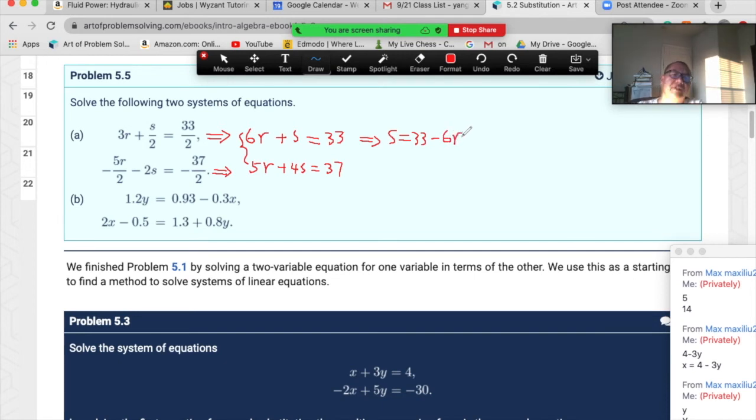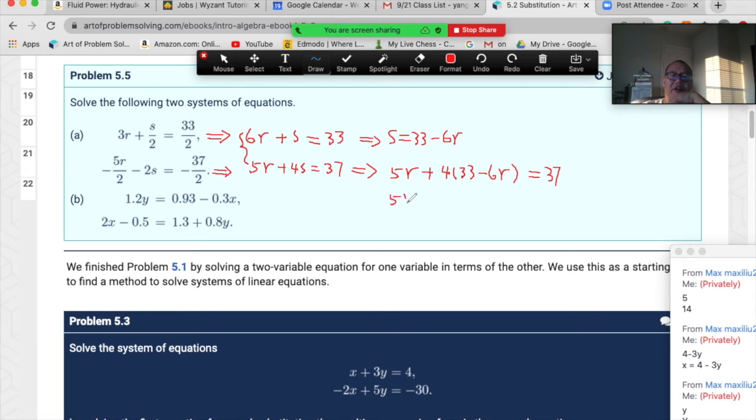This will be the easiest way to use the substitution. Then you get s equals 33 minus 6r, then plug into the second equation. Then we can get 5r plus 4 times (33 minus 6r) equals 37.